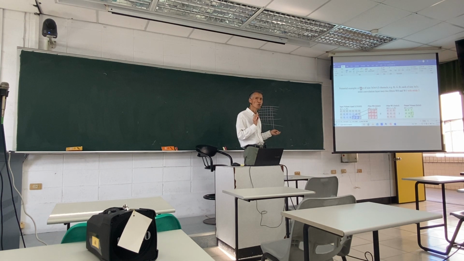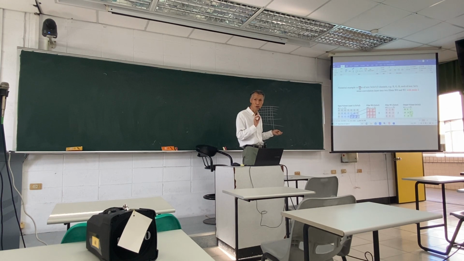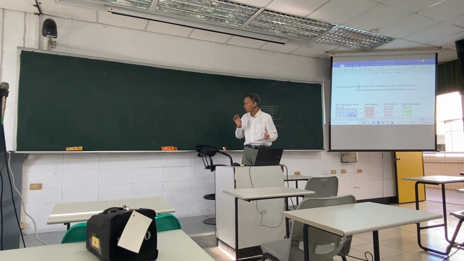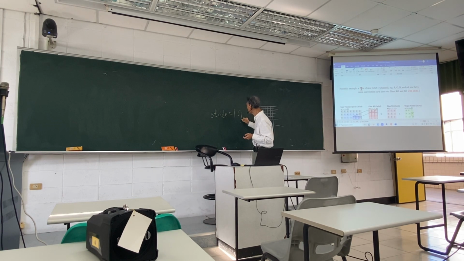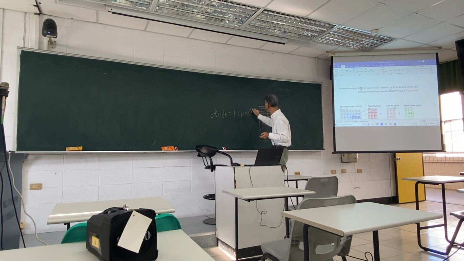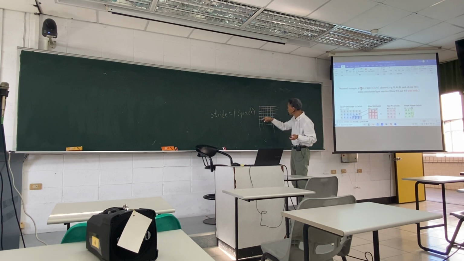A stride by 2. Stride is a word used in Keras. By default, the stride is 1, meaning 1 pixel. It means you move the filter 1 pixel every time.